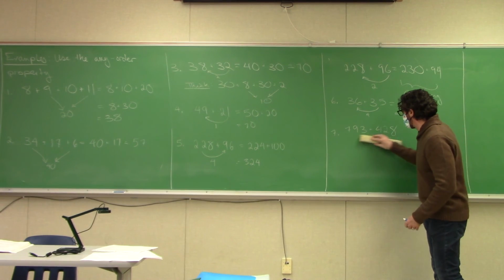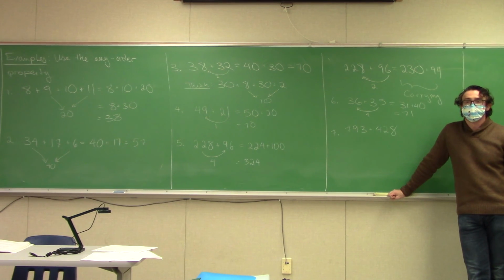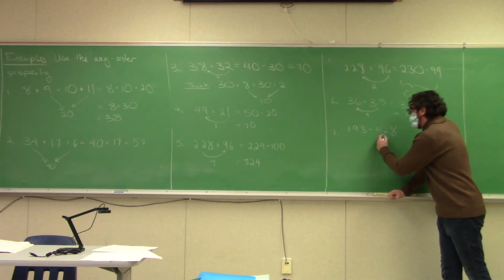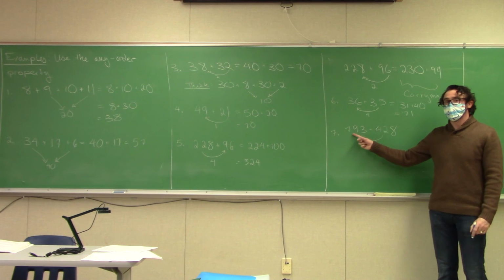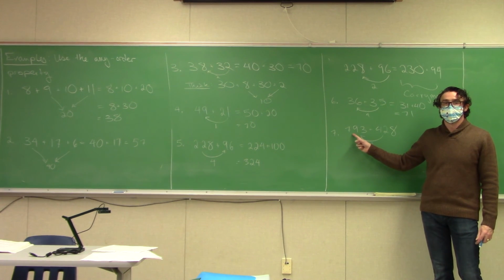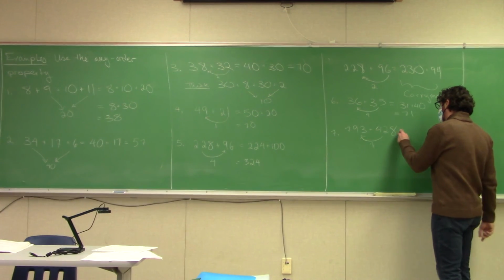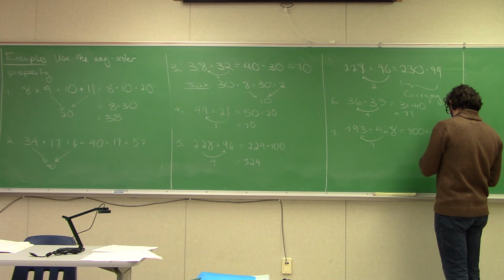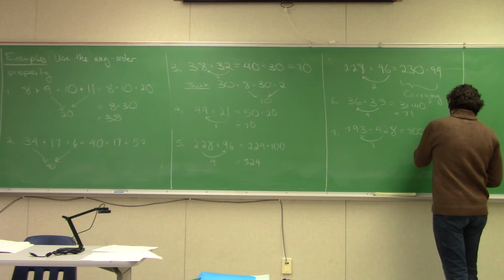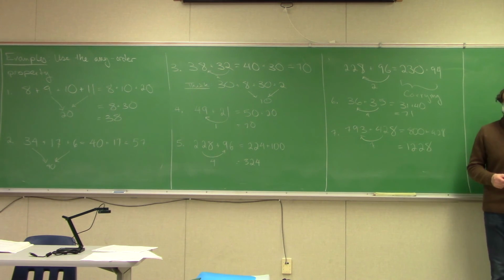But there's a way to do it that'll make it easier still. So what should I do? Okay, and what would I take over there? 7, okay? So what happens if I bring over a 7? Makes it 800. That makes it an even 800. 800 plus 428, which gives me 1228, okay?